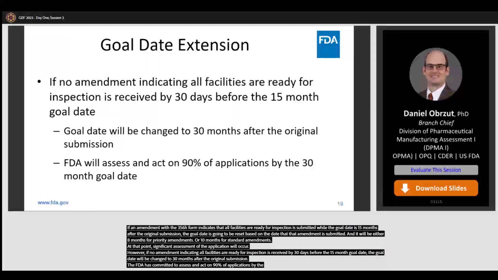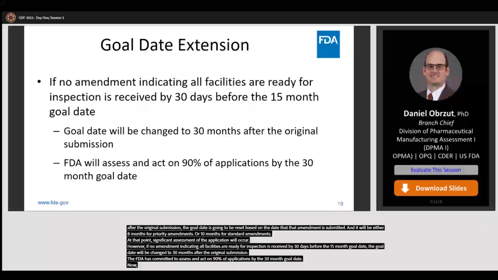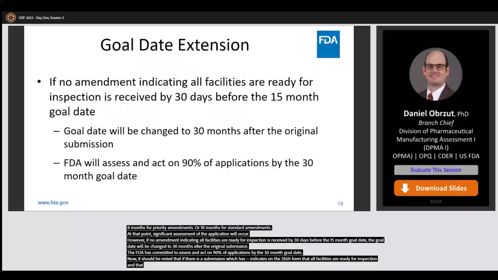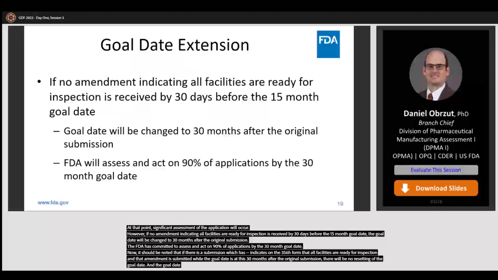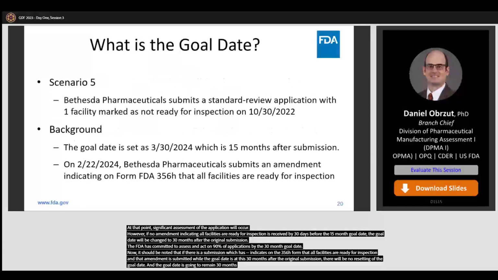Now, it should be noted that if a submission indicates on the 356H form that all facilities are ready for inspection, and that amendment is submitted while the goal date is at 30 months after the original submission, there will be no resetting of the goal date, and it is going to remain 30 months after the original submission.